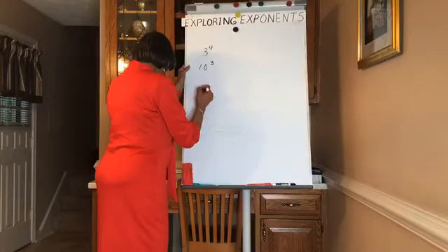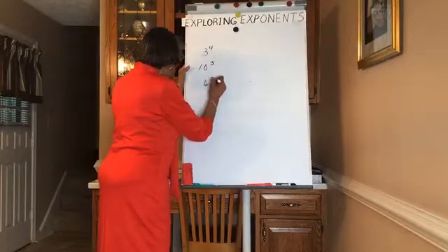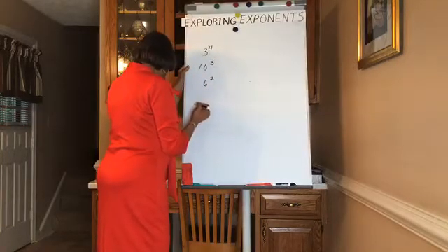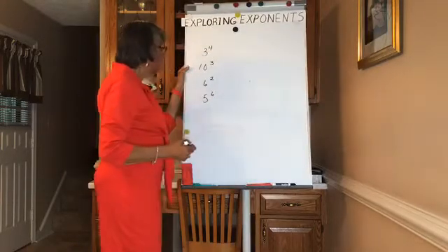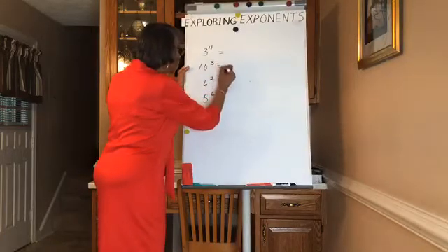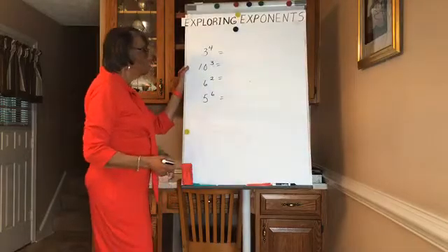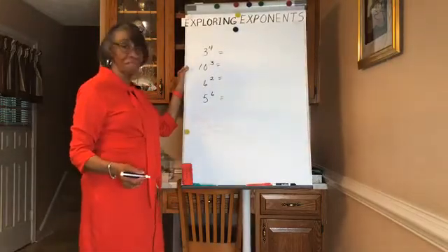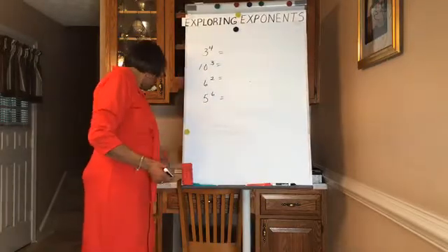We've done 2 to the 3rd power. Okay, 6 to the 2nd power. And 5 to the 6th power. Okay, let's see if you can evaluate each of those. Tell me what each one of these is equal to. 3 to the 4th power, 10 to the 3rd power, 6 to the 2nd power, and 5 to the 6th power.